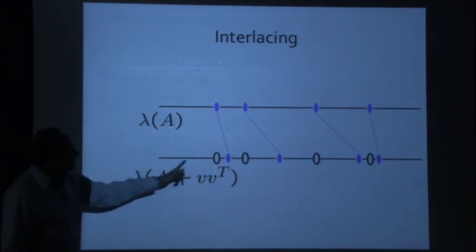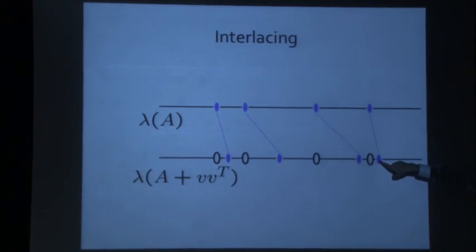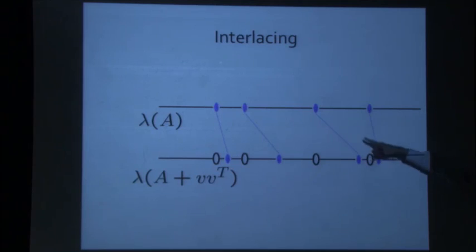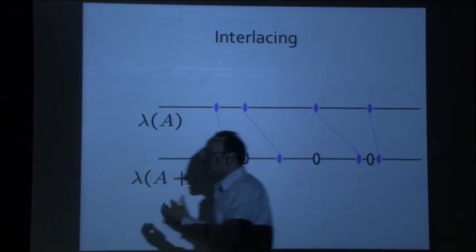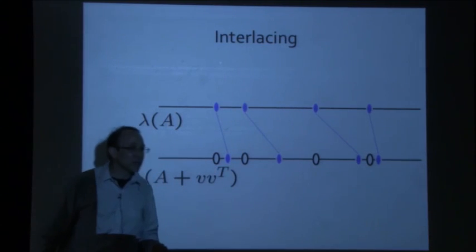The eigenvalues move forwards, and here I've drawn the ghosts of the old eigenvalues, and the new eigenvalues will interlace them. And they always do that. So this is a qualitative understanding of what happens when I add an outer product. Eigenvalues get bigger, but none can move past the previous ones that were there before.